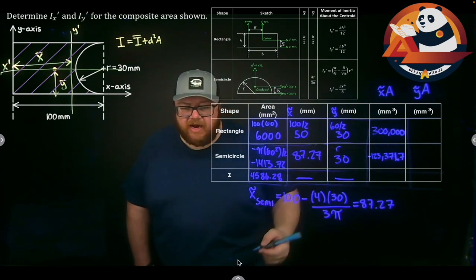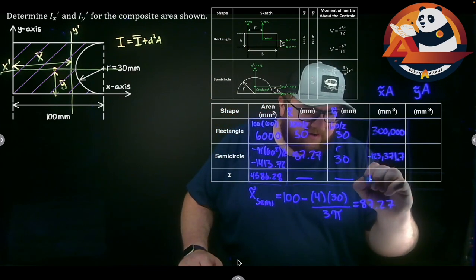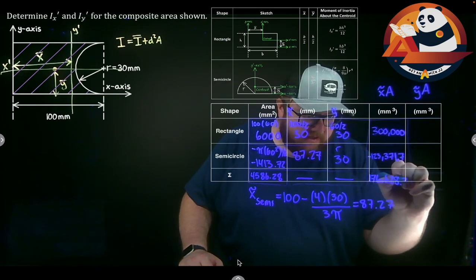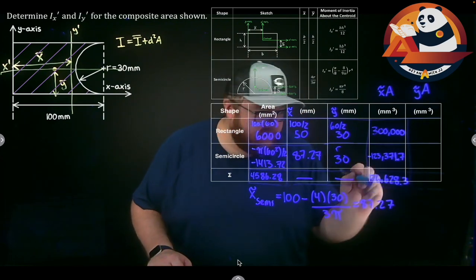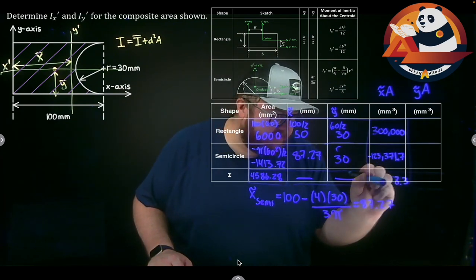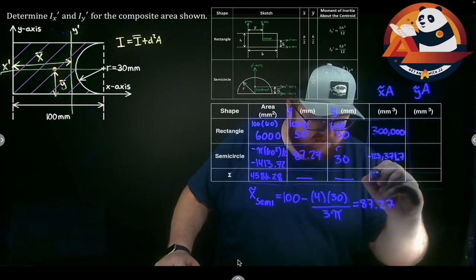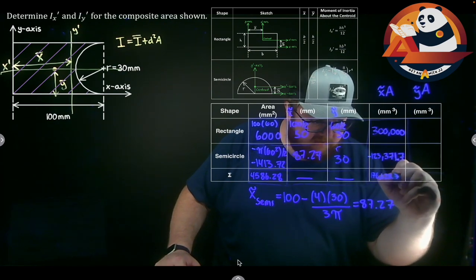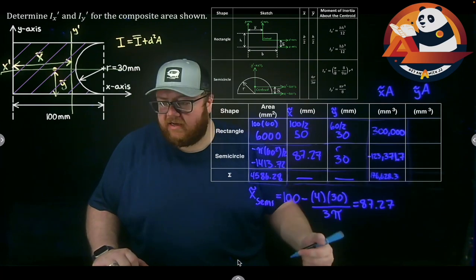So 300,000 minus my second one, we're going to get 176,628.3. Let's try to write that a little bit smaller and get it all in the box.